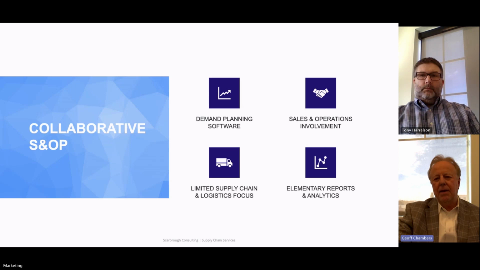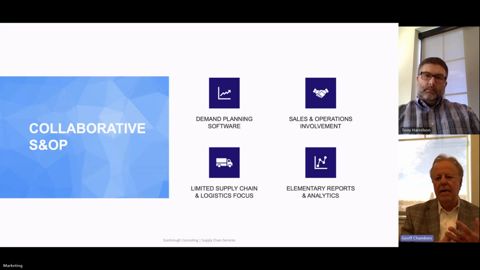Under collaborative S&OP, you still have a limited supply chain and logistics focus. And while collaborative S&OP is a good tool, and again, it's another step toward integrated business planning, you still have elementary reports and analytics because you're not covering all the different silos within your organization. You have demand planning for operations. You have sales and operations involvement. You have some limited supply chain focus, and you have some really elementary reports and analytics.